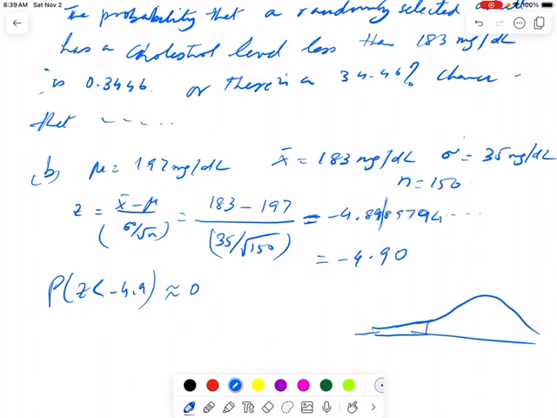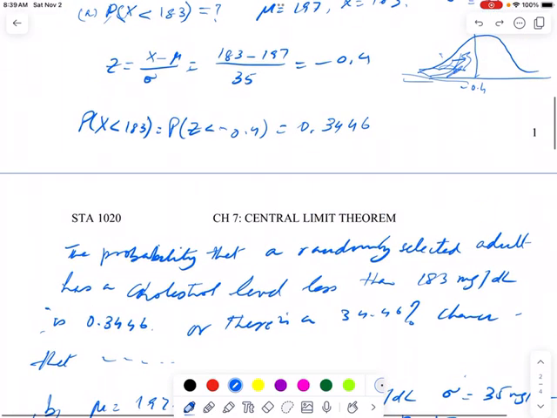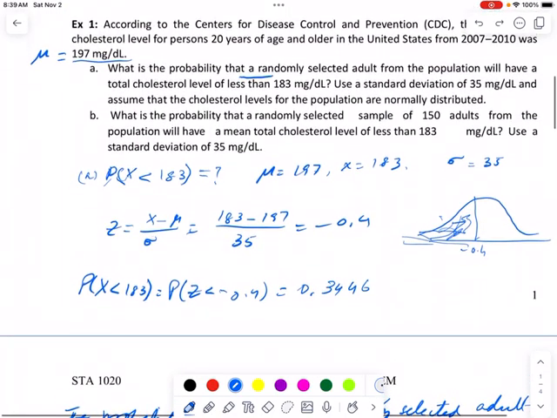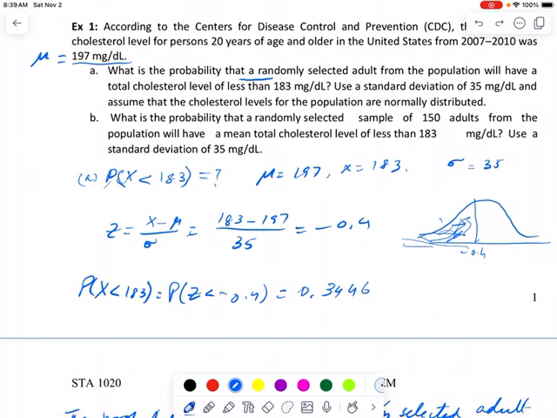So what do you understand from these two examples? If you note, what it is saying is that if we find the cholesterol level of one person, there is a good chance that their cholesterol level will be less than 183.